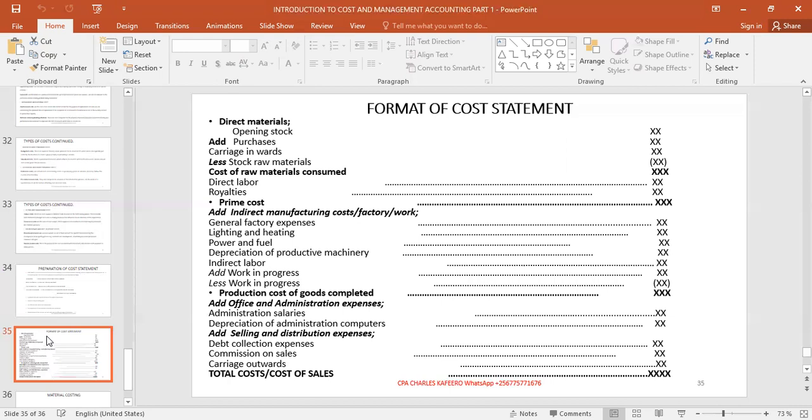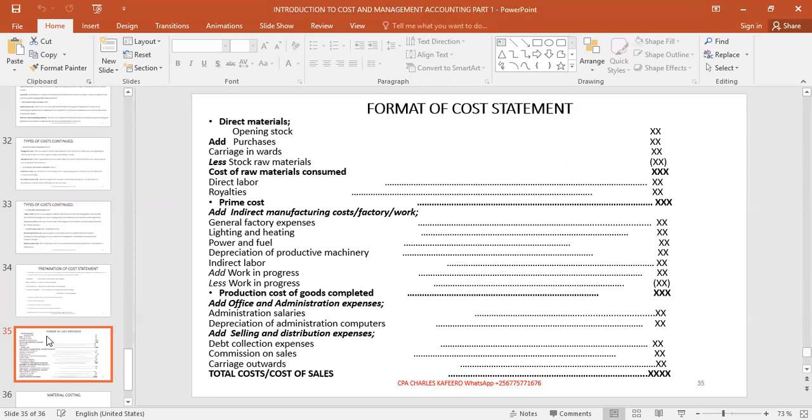and these costs include those costs which are incurred within the factory, but they are not directly traceable to the output, but they are incurred in the production department. So when we add them back, you will be getting the production cost.